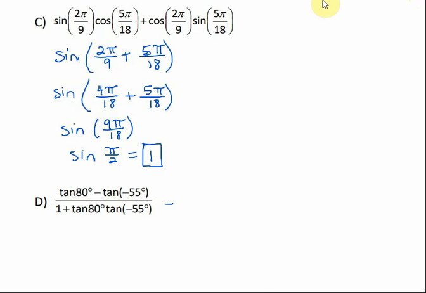So this would be the same thing as the tangent of 80 degrees minus negative 55 degrees. Okay, so of course, minus and negative would be the same thing as plus. So this is the tangent of 80 plus 55 degrees, which would be the tangent of 135 degrees. And the tangent of 135 degrees is negative 1.